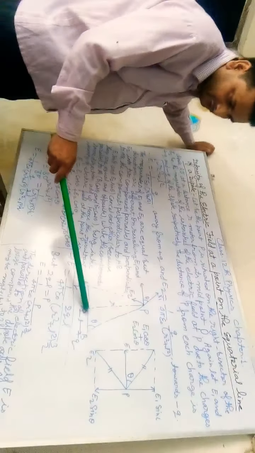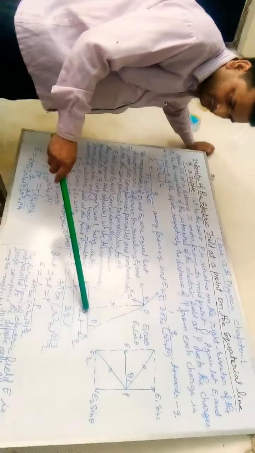So let the intensity E1 equal 1 upon 4 pi epsilon 0 Q upon r square plus L square. Why? Because according to the formula, E equals 1 upon 4 pi epsilon 0 Q upon r square.